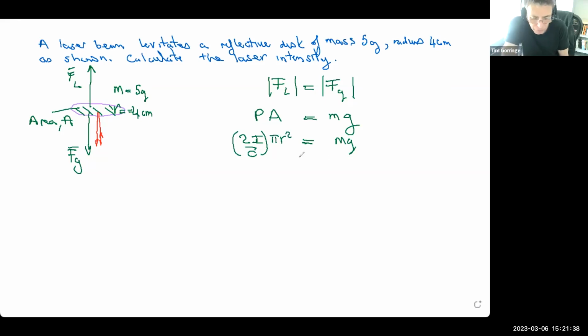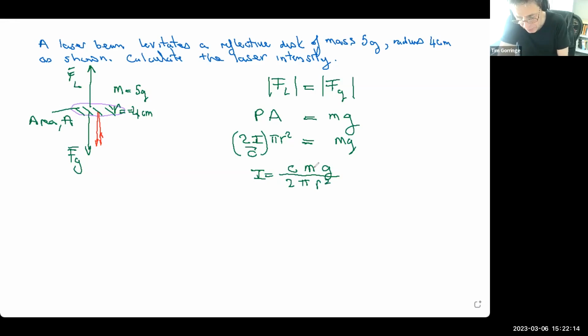So at this point, we've built for ourselves an equation that contains the intensity, which is the quantity that we want to figure out, in terms of other quantities that we either know, because we're told them in the problem, or we can remember, because we happen to remember them, or we can look them up. So the expression for the intensity, if I multiply through by c, if I divide through by 2 pi r squared, is this equation here.